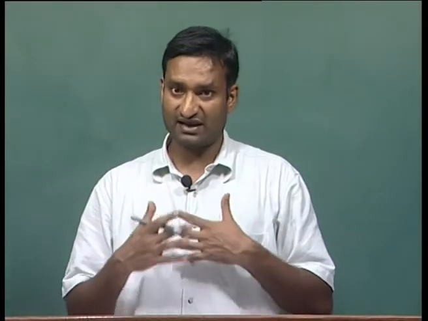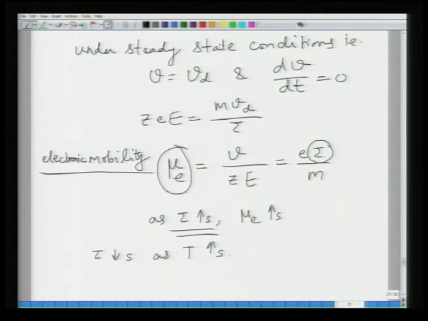Temperature increasing means the lattice vibrations increase, and as the lattice vibrations increase, the electrons tend to scatter more and more. As a result, tau decreases. So, as the temperature increases, tau decreases, and hence mu E will decrease.